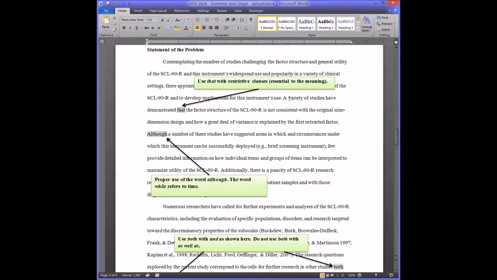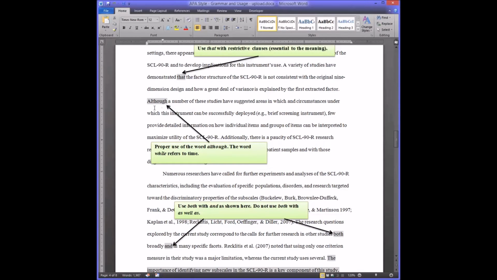And you can see in this example, a variety of studies have demonstrated that the factor structure of the SCL90R, this would be a tough sentence to understand if it ended there. A variety of studies have demonstrated. So if you look at it that way, and then you look at your choice of words here, you can see pretty clearly that this is a restrictive clause and is essential to the meaning of the sentence.